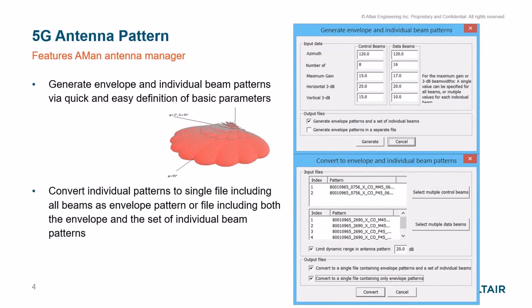You can also convert individual beams that you already have access to into an envelope beam. So either you create everything from scratch, or you have ready-to-use antenna patterns that you can combine into beams that you could later use in your radio network planning analysis.